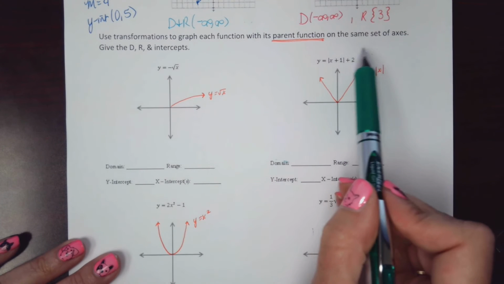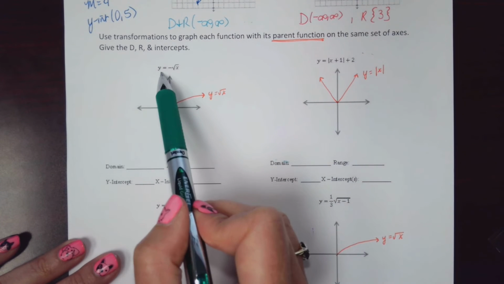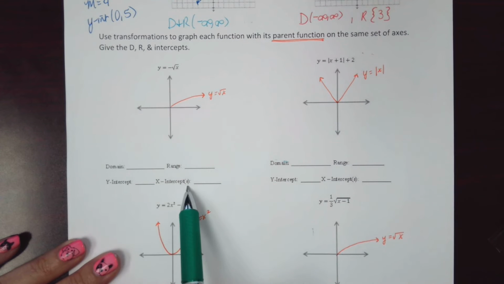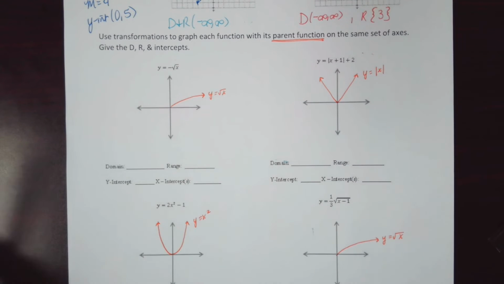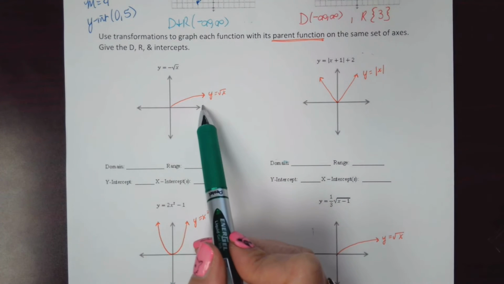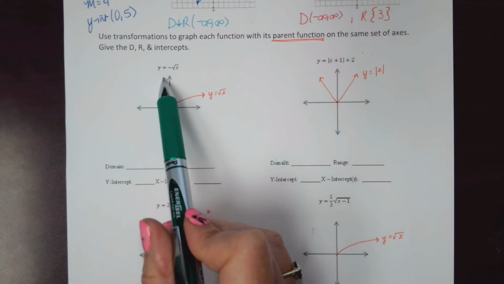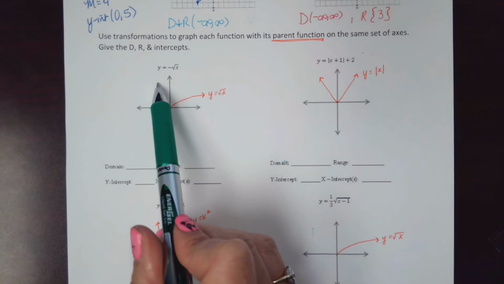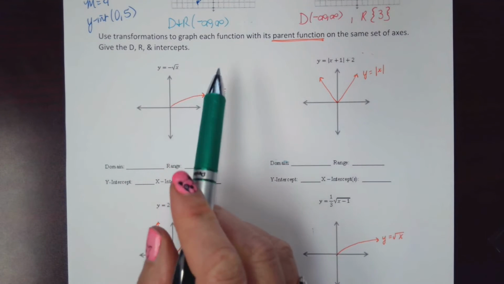Now we're going to use transformations to graph the given function and answer questions about our transformed function. So we've got our parent. We need to figure out what the transformation is. If you need to, reference your guided notes.